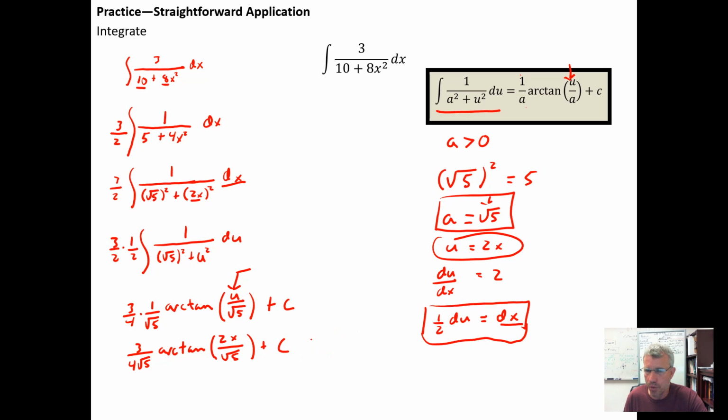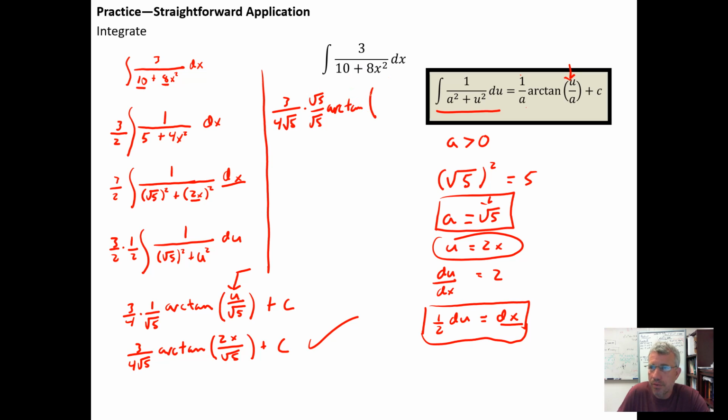And this is good to go right here. You could rationalize the denominator if you wanted to. I don't think it's necessary, but if you wanted to rationalize the denominator, you certainly could. So we could multiply this by root 5 over root 5 if we wanted to.